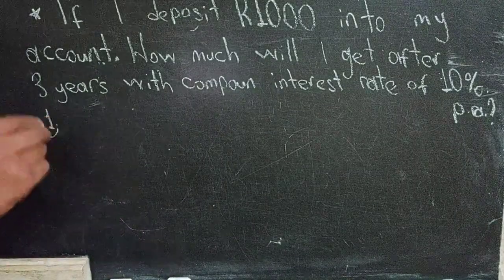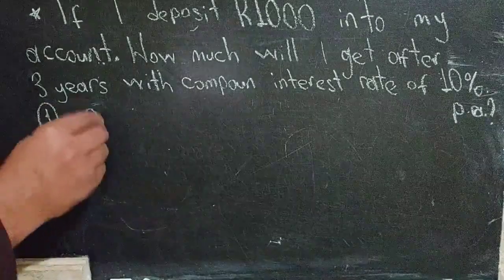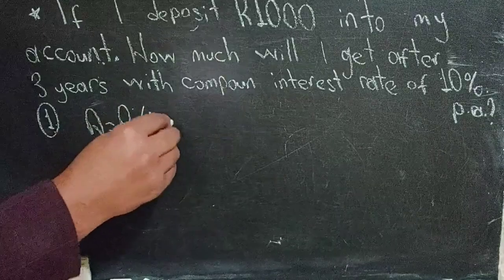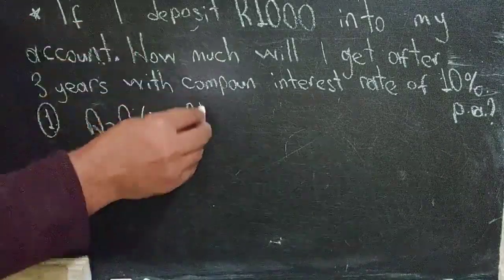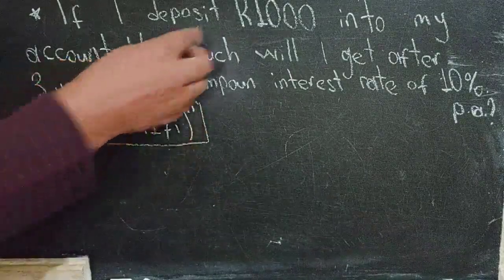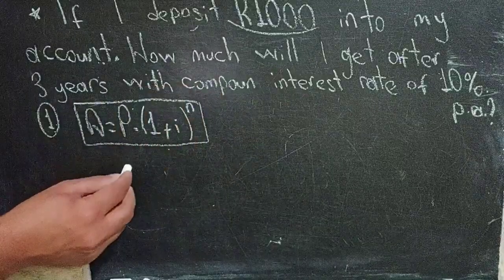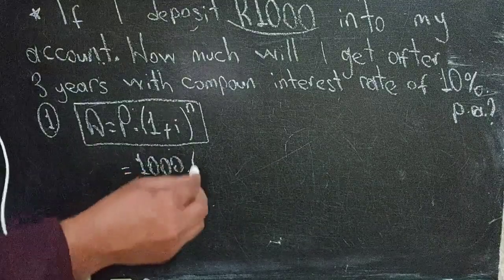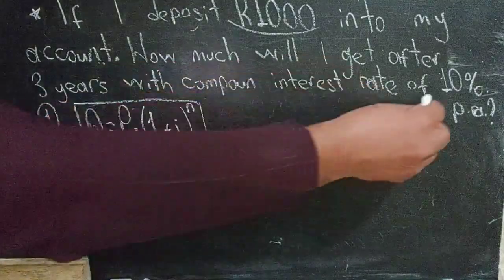The first solution. What was my formula? After amount equals previous times 1 plus i, power n. Now let's see what is given. The previous amount is given, so I will put there 1000 times 1 plus the interest rate, which is 10%.